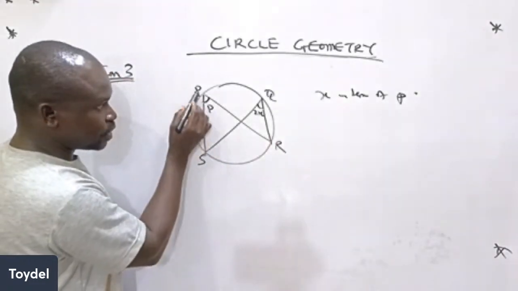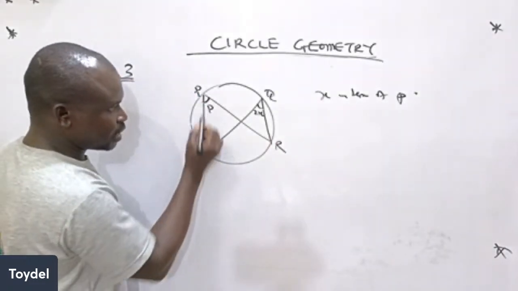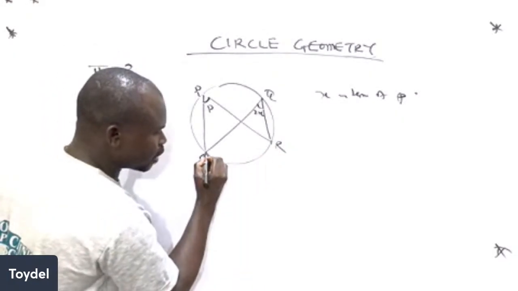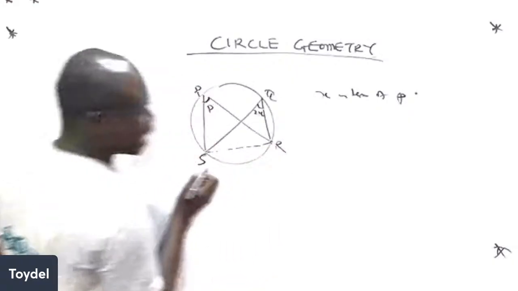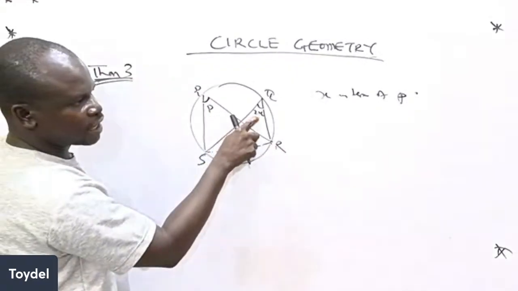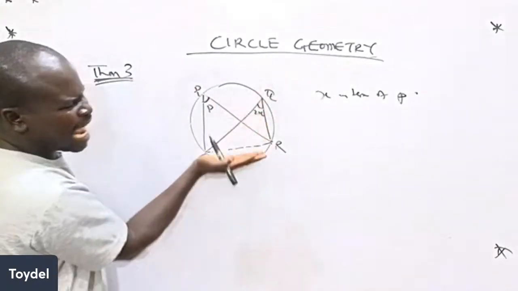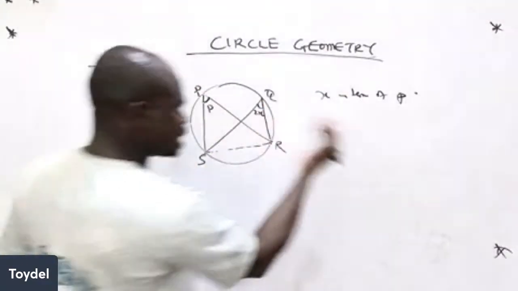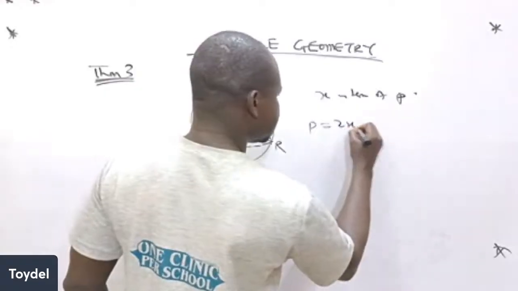Angle P starts from here back to R. Angle Q also starts from S back to R. So you realize that angle P and angle Q are on the same major segment. So we can say that P is equal to 2x.